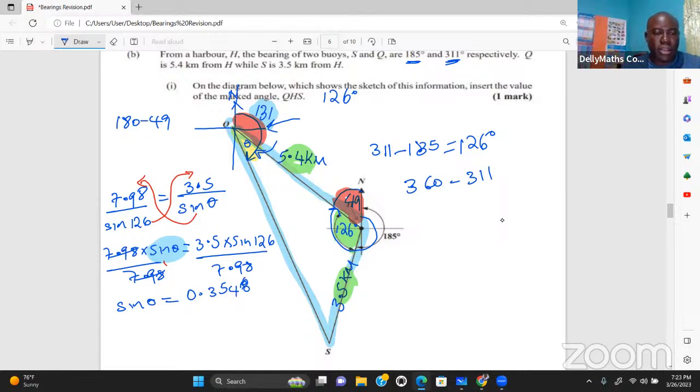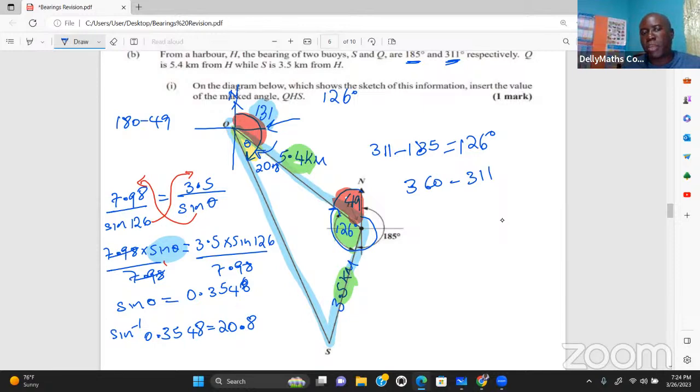So the angle is going to be the sine inverse of 0.3548, and we'll get the answer, 20.8. So this angle here is 20.8.